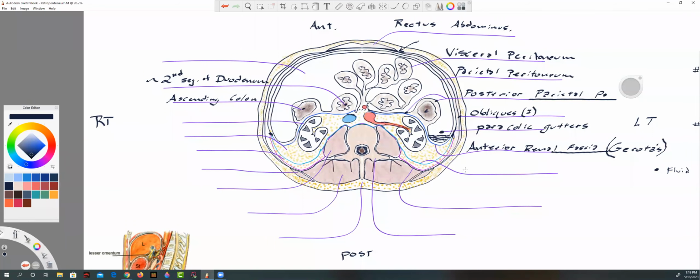That, of course, would be, let's make sure I'm saying this right, yes, the posterior renal fascia, also known as, and not very well known, so this is a word that you can pretty much forget, and also a word we just used the other day for another organ, Zuckerkandl.